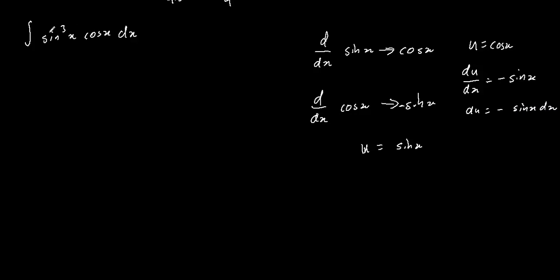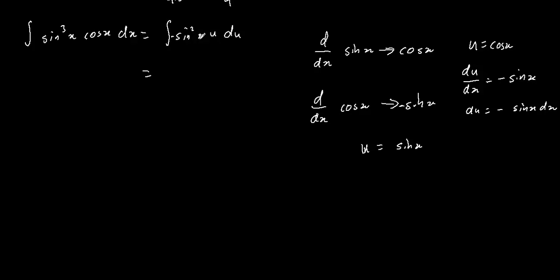Okay, so we have a sine cubed x, so we can easily do that, right? Then we have the integral of sine squared x, and we have a minus, right? So minus sine squared x times minus sine x gets me plus sine cubed x. Sine squared x, u, and then I have a du. Right, now I have an x, I have a u, and I have a du.